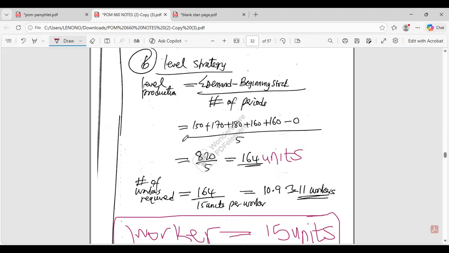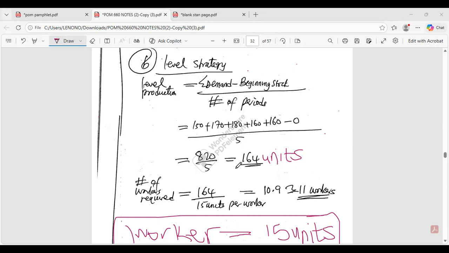Whatever is happening here is that for level strategy, you are just looking at the level production, which equals demand minus beginning inventory or stock over the number of periods that you are working with.